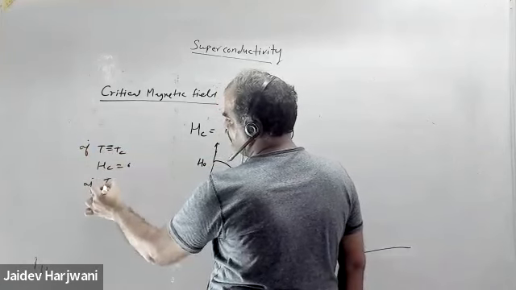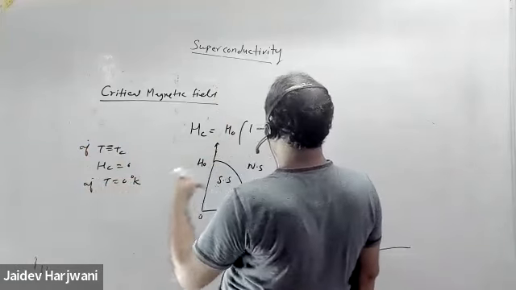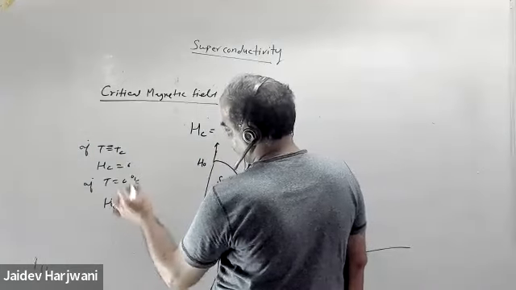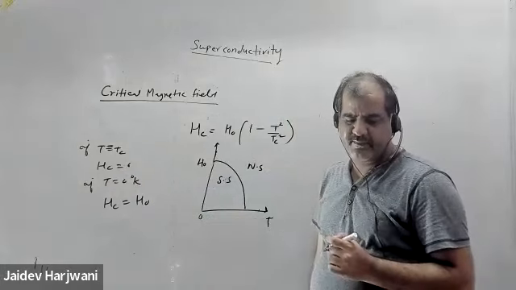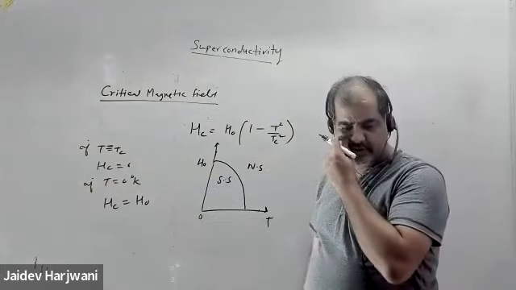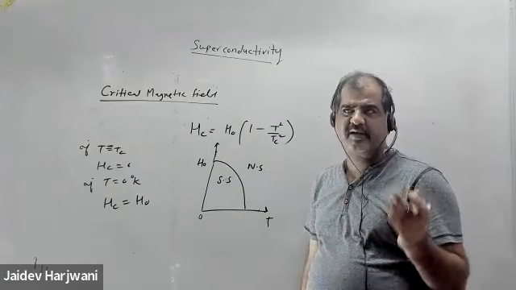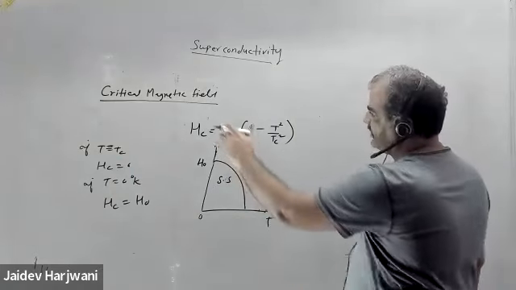If T is equal to 0 Kelvin, then what will happen? You require HC equal to H naught. So critical magnetic field क्या है? The magnetic field required to destroy or to make superconducting to normal transition is called your critical magnetic field.